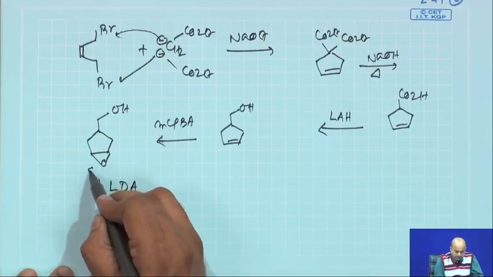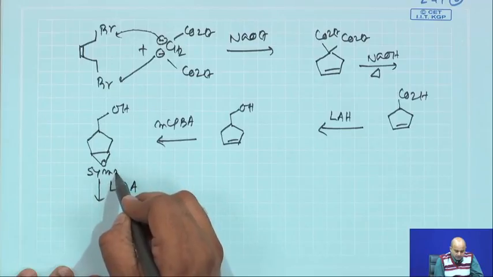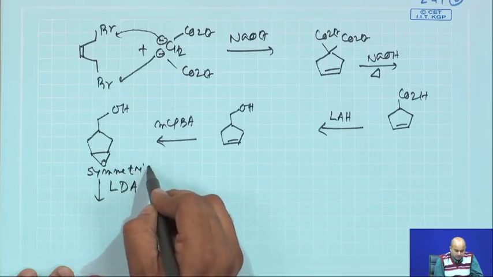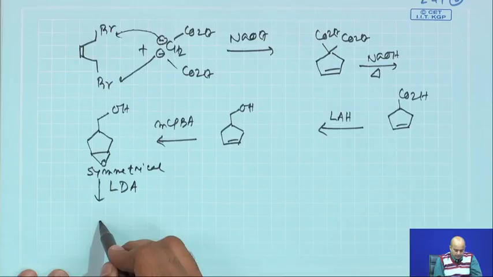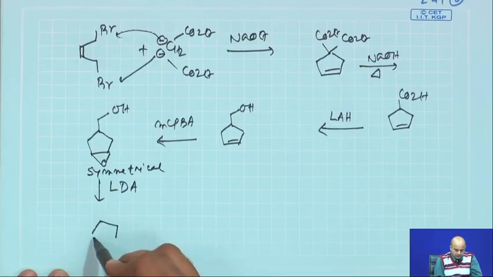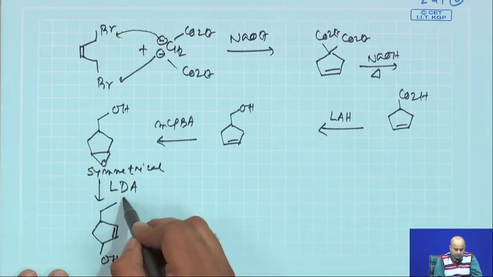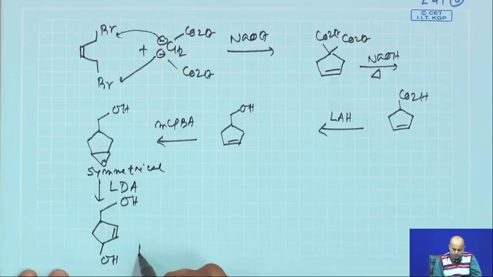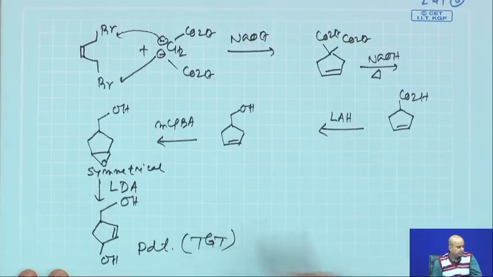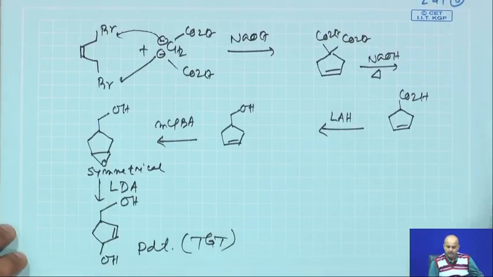Now, this epoxide is initially symmetrical, which we said is your desymmetrization reaction. So, now if you do this desymmetrization as done earlier, you basically come to this compound, which is your product or target given to you. So, the reactions are in principle very simple, the only thing is you need to have the desymmetrization concept properly exploited.